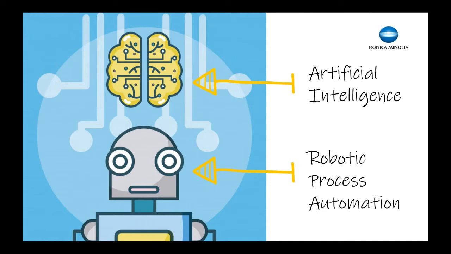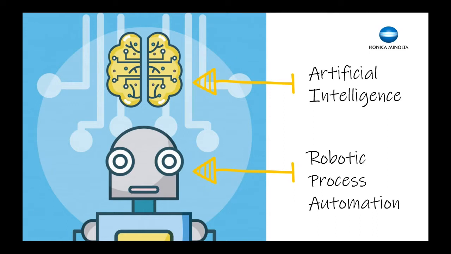AI modules can be added to RPA platforms, but RPA can also happily exist on its own with the humans making the decisions. Makes it a very affordable and accessible technology for those just starting out on the process automation journey.